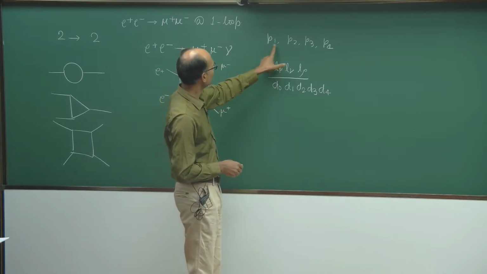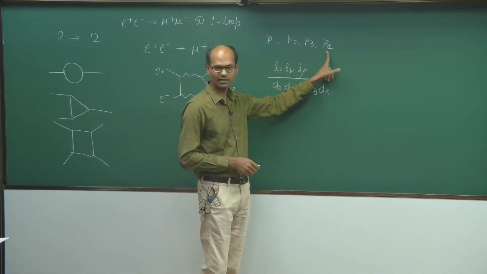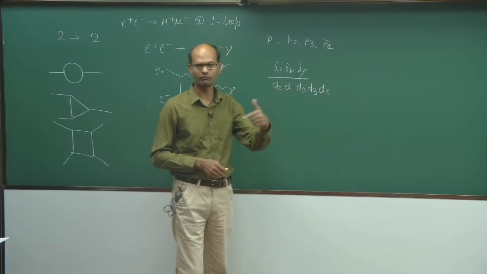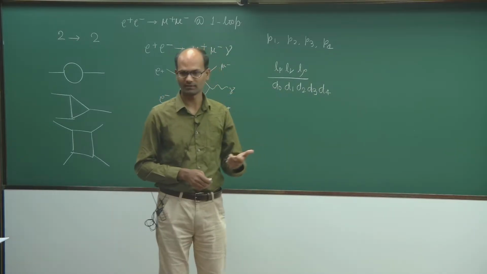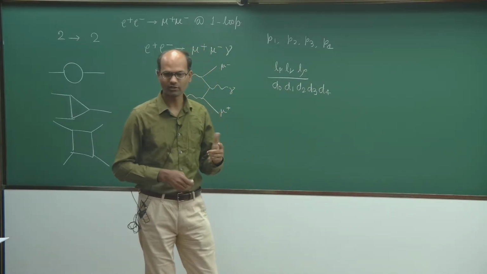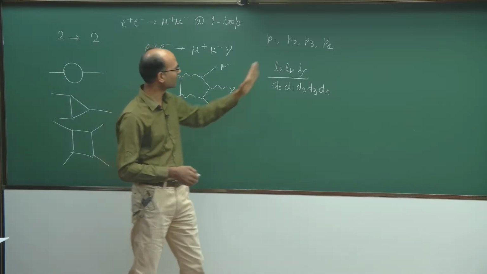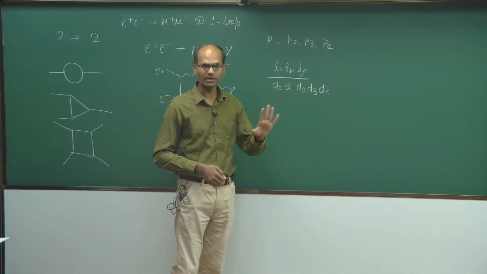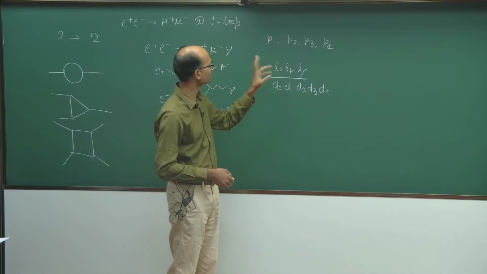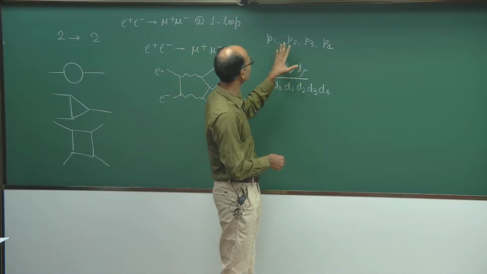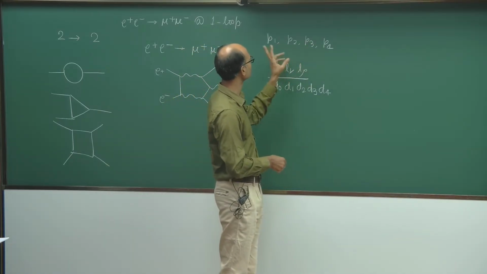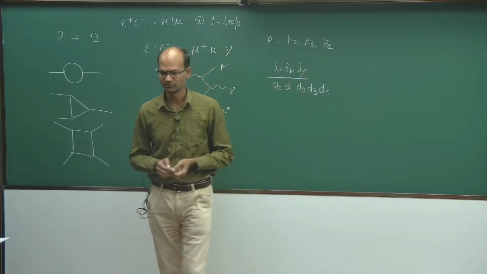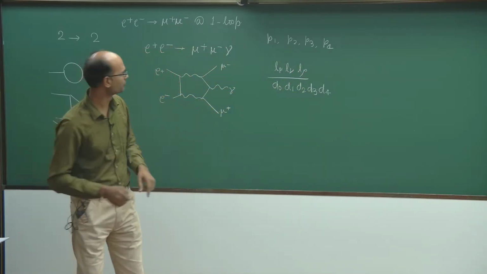So P1, P2, P3, P4 can serve as the basis for expanding the loop momentum. Instead of writing down the most general structure, you can avoid that if you notice that in 4 dimensions the loop momentum should be expressible in terms of P1, P2, P3 and P4. So this is what we will do.